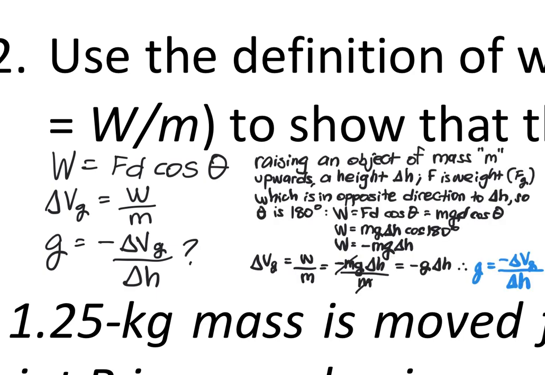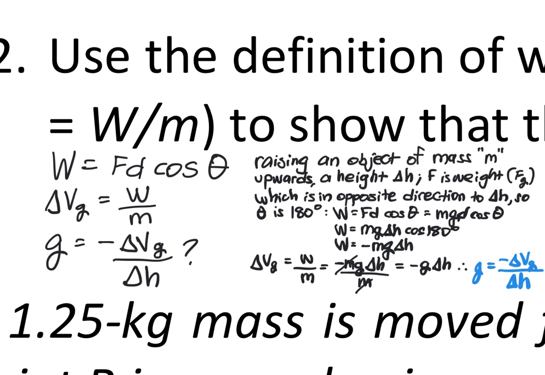Okay, so we have our definition of work, F d cosine theta, where theta is the angle between the force and the displacement. We have the gravitational potential difference is the work per unit mass. And then we have that gravitational field strength is negative the gravitational potential difference divided by the change in height. And so we have to be able to show that. For F d cosine theta, if we're raising an object of mass m against a gravitational field, that F would be the weight of the object, which is mg, because that's where the mass is coming in.